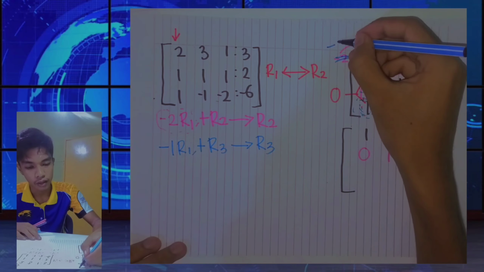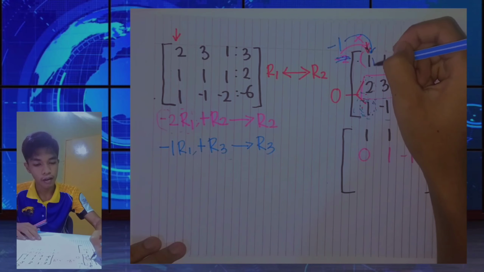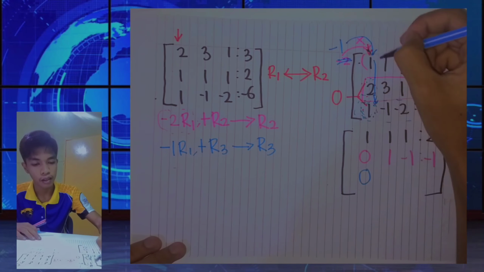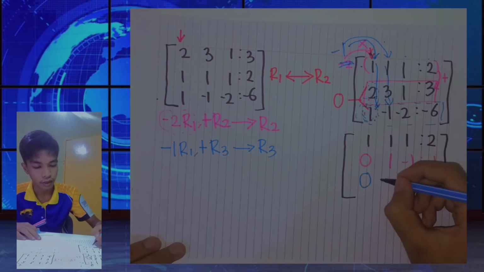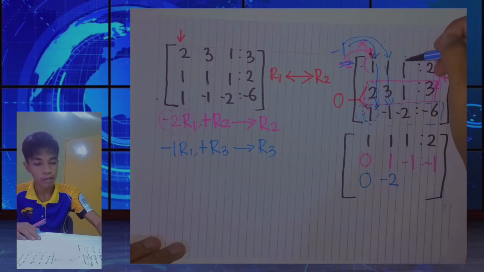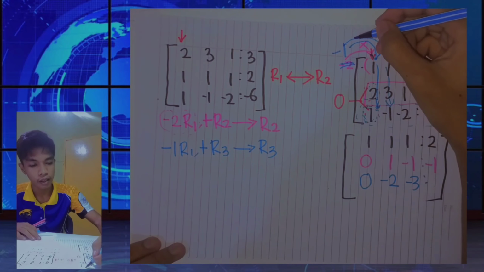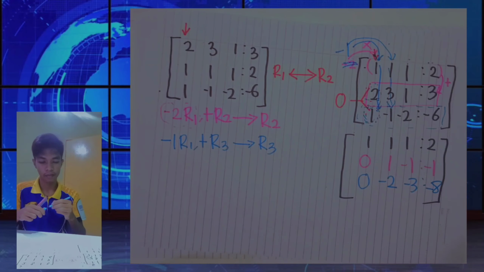I will change with -1. -1 times 1 is -1 plus 1 will get here 0. -1 times 1 plus -1 will get here -2. -1 times 1 plus -2 will get here -3, and -1 times 2 plus -6 will get here -8.